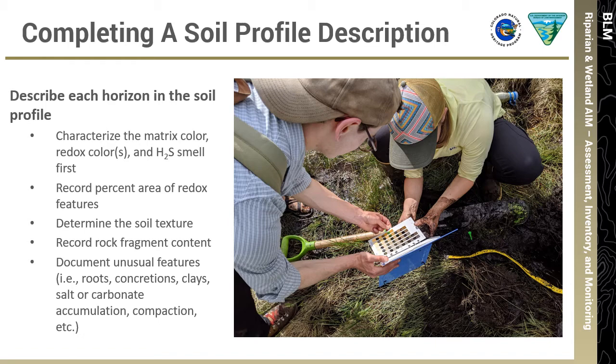Once you have taken the colors of all horizons, determine whether each horizon is organic, sandy, or clayey or loamy. Then use the appropriate method to determine soil texture. For mineral soils, use the texture by feel flowchart found in the field protocol to classify the soil into one of the 12 soil texture classes.